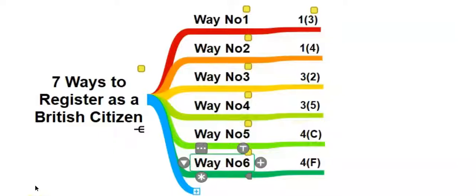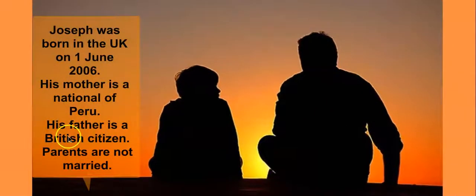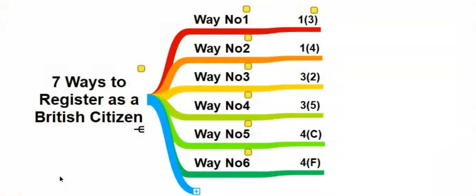So let me give you an example. Suppose Joseph was born in the UK on 1st of June 2006. His mother is a national of Peru and his father is a British citizen. They are not married, and the question is, is Joseph a British citizen? Well, no, because he was born before 1st of July 2006 and the parents were not married.